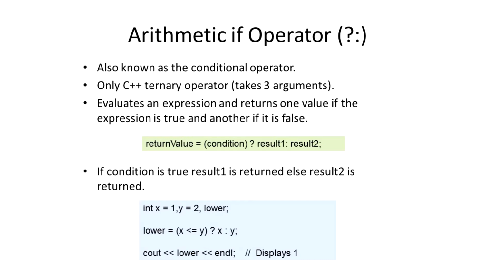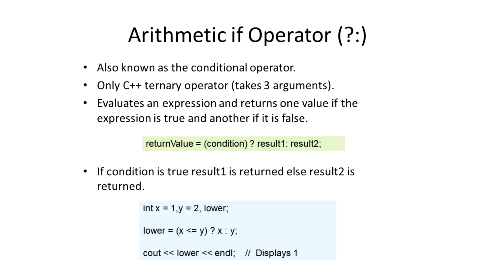So x has the value of 1, and y has the value of 2, so x is less than 2, therefore we'd return the true part, the result which is after the question mark rather than after the colon, because that's the result to be returned if the condition's true, so we return x. Therefore, lower will have the value of x, which is 1, and that's output to the screen in the third statement. Okay, so this is just a more compact way of performing an if and else operation.